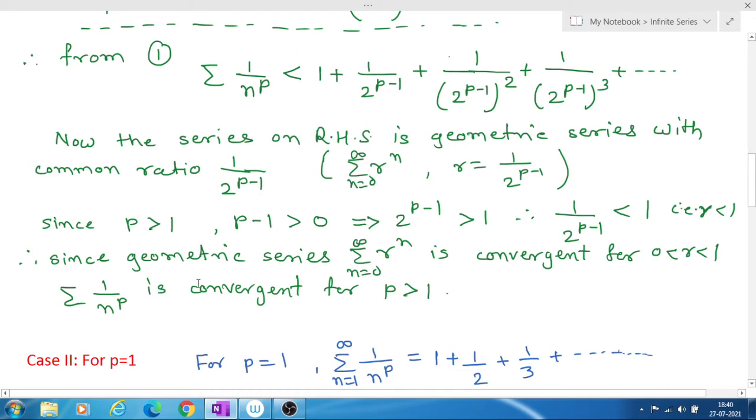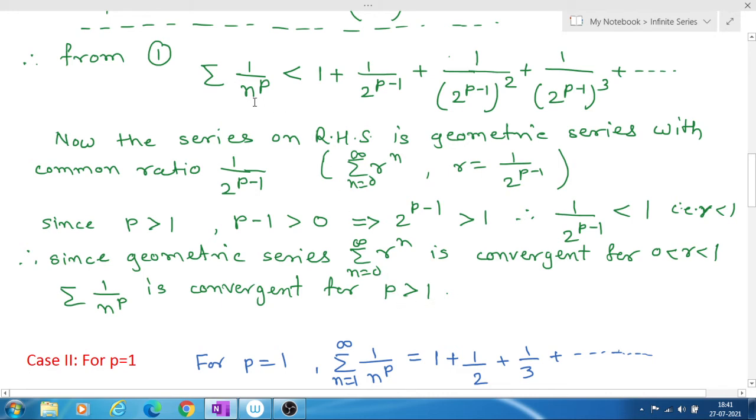And therefore we have seen in the last lecture that in a geometric series, if the common ratio r is greater than 0 and less than 1, then that series is convergent. Therefore this series on the RHS is convergent for p greater than 1.